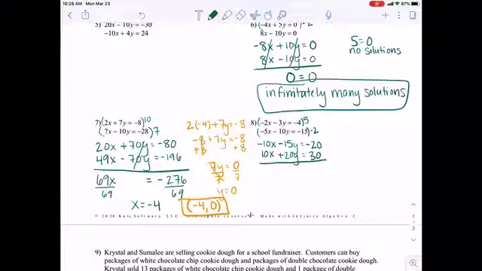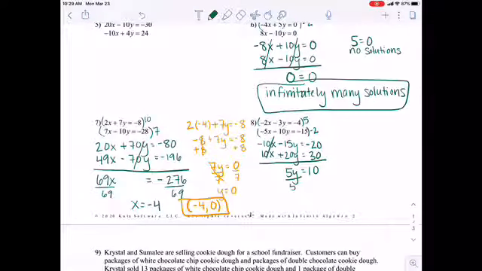If I add these two equations together, negative 10x plus 10x is 0, so that will cancel. Negative 15y plus 20y is positive 5y, and that equals negative 20 plus 30, which is positive 10.